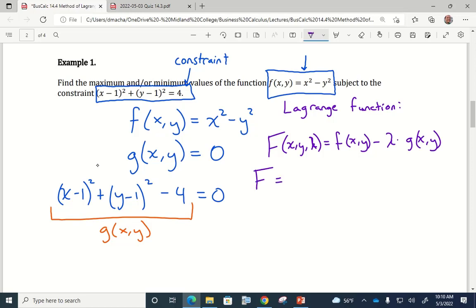So F is equal to x squared minus y squared minus lambda times x minus 1 squared plus y minus 1 squared minus 4.